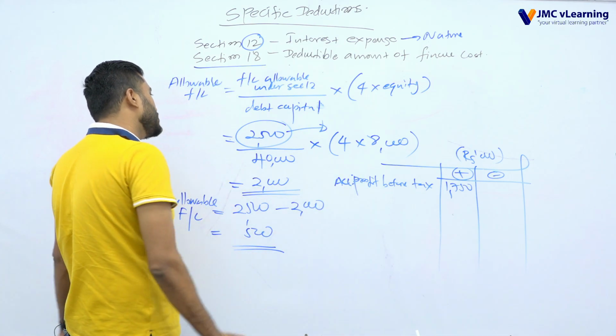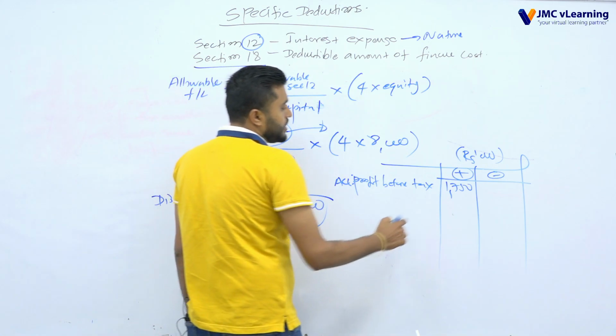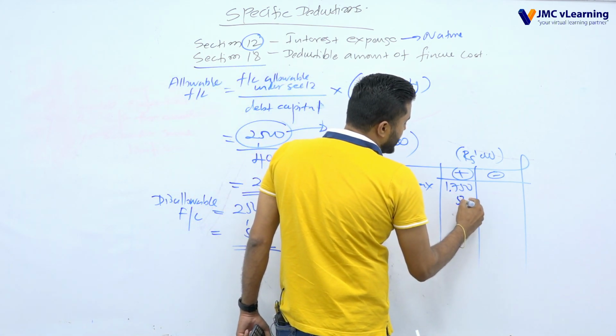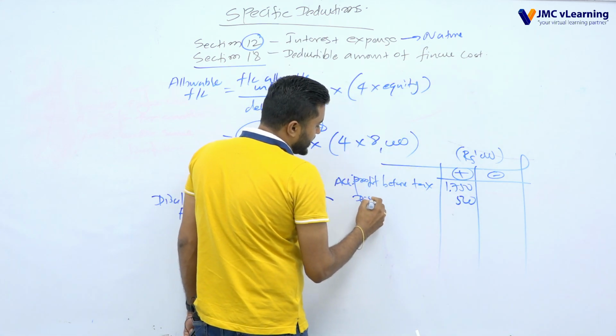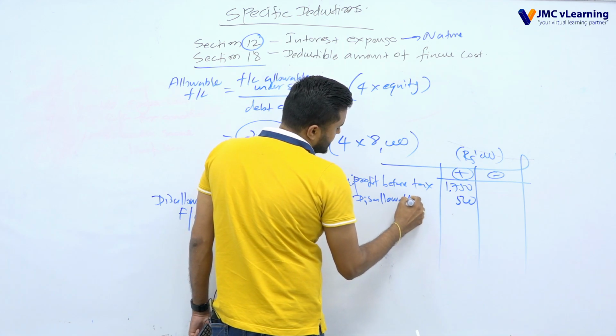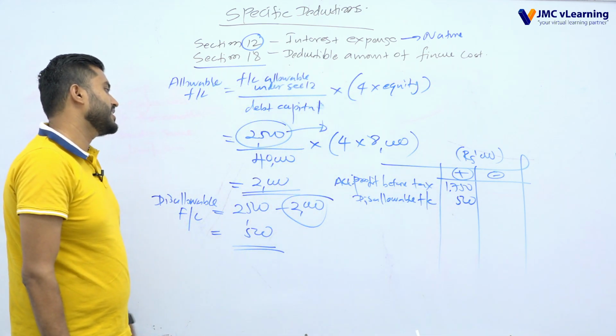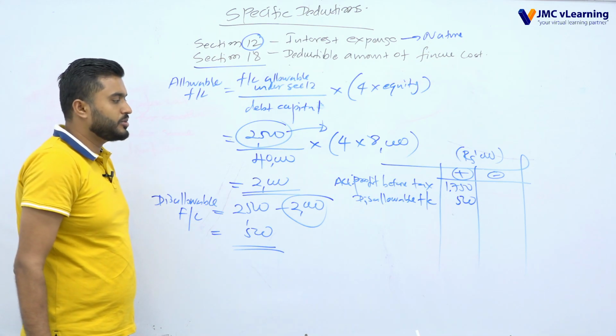But for tax purpose, the maximum limit is only 2000. Therefore, that 500 you need to add back as disallowable finance cost. You have to keep that in mind.